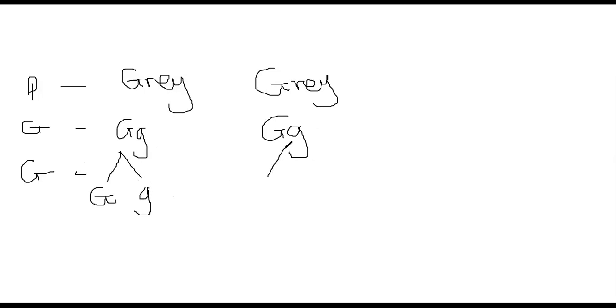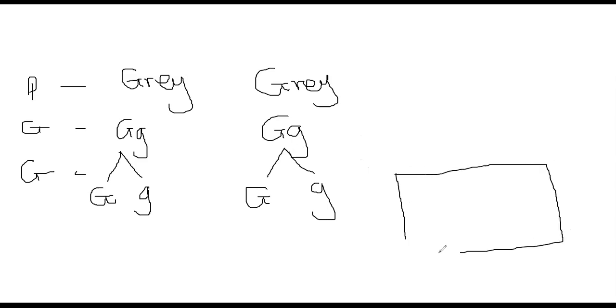With the egg as well, you can either have a capital G produced or a little g produced. It depends on which egg is released at the time of fertilization, whether it be an egg with the gray allele or an egg with the charcoal allele. Okay, but now for this one, we need to do our little diagram a little bit different because we're dealing with two heterozygous parents, right?